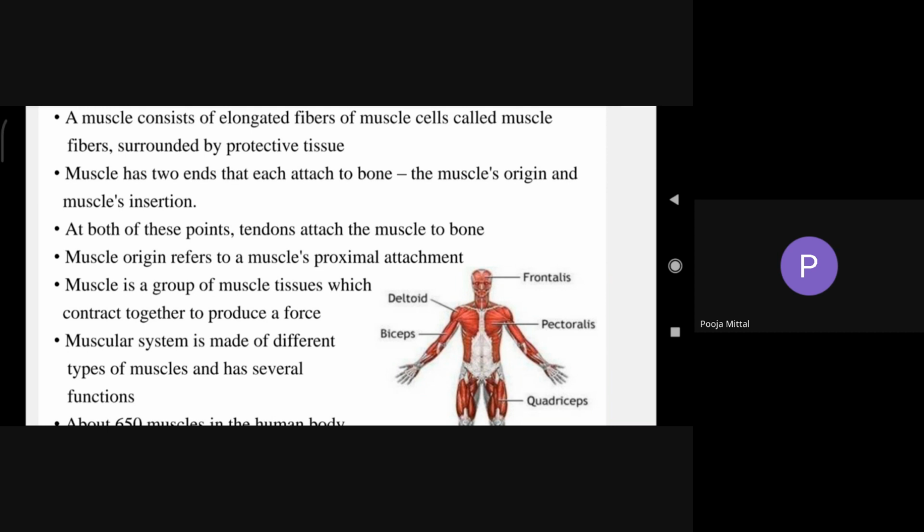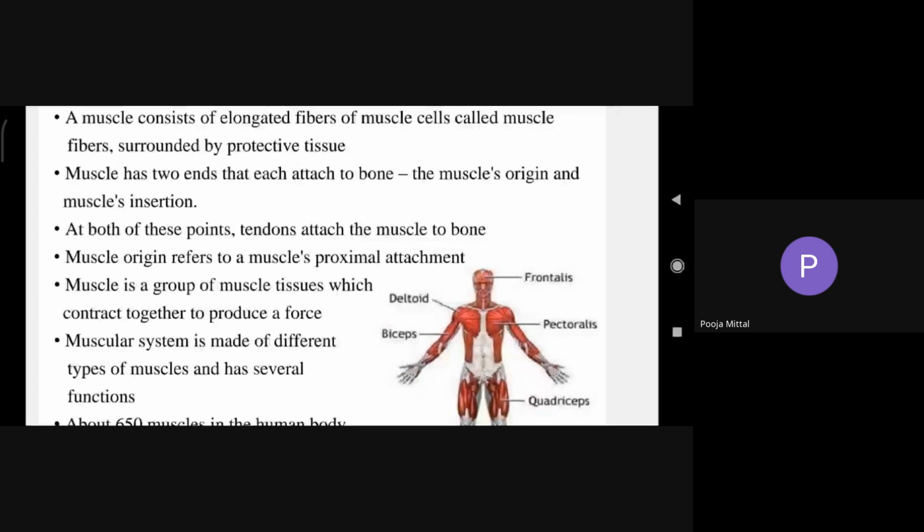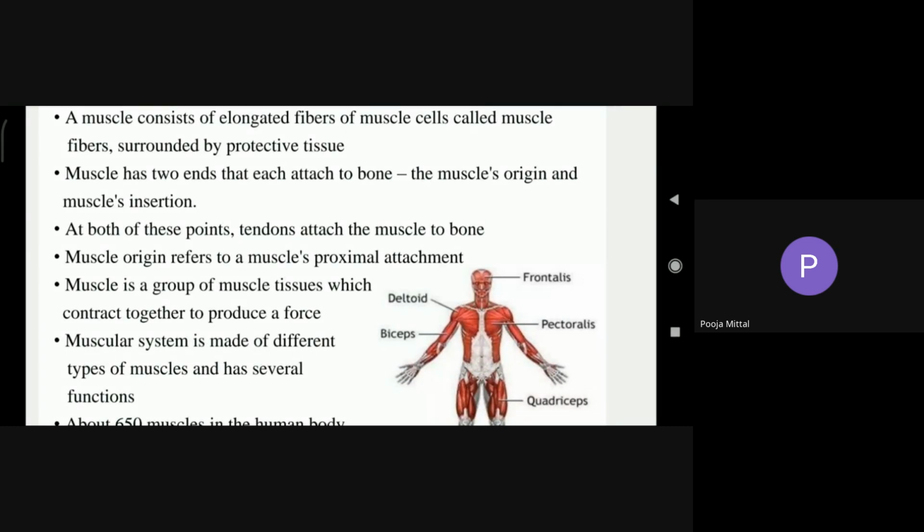Now, muscle origin refers to a muscle's proximal attachment. Proximal is a term very similar to medial. Proximal means towards the midline of the body, and the opposite of proximal is distal.